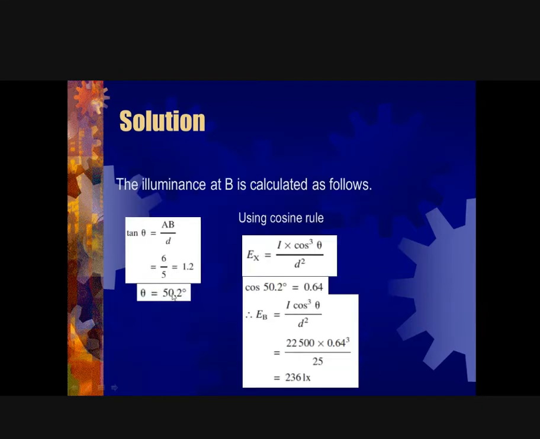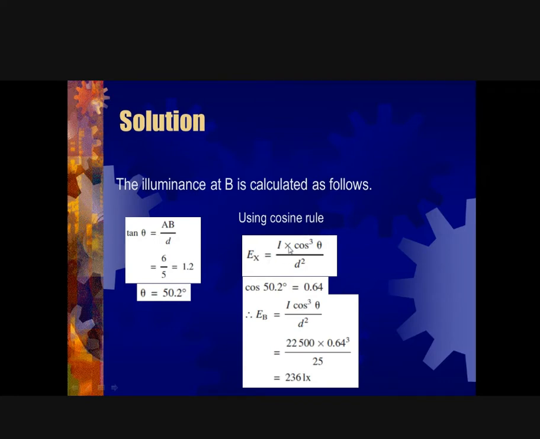We find the angle to be 50.2 degrees, tan theta equals 6 over 5, the opposite over the adjacent distance.